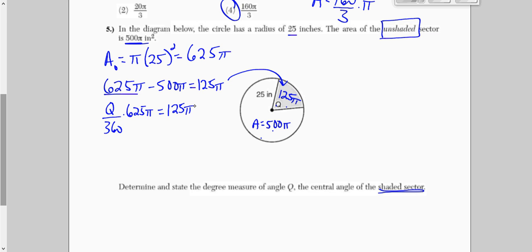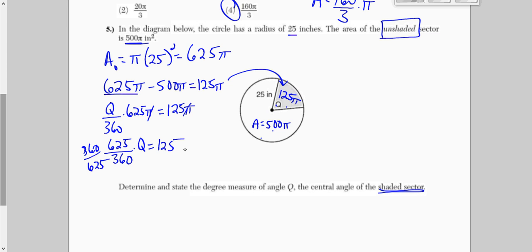That leaves us with 625 over 360 times Q equals 125. We want Q by itself, so let's multiply both sides by 360 over 625.